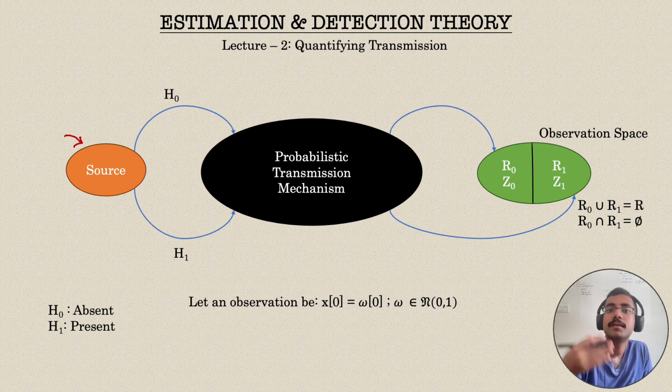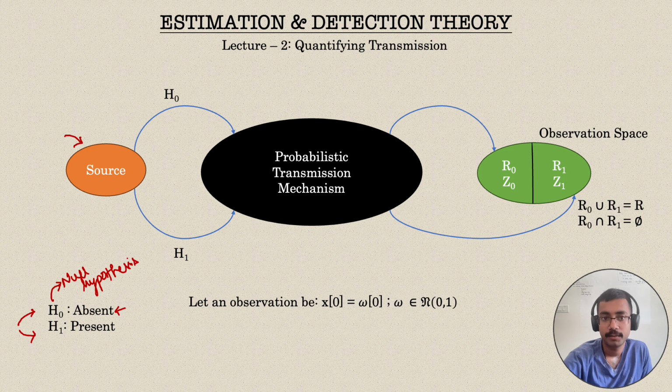So here this is a binary detection scenario, and because of that there are two cases. We represent them mathematically by hypotheses, and we denote them by H0 and H1. H0 is an observation where the source does not send the signal, or the signal is absent. This is also called the null hypothesis.